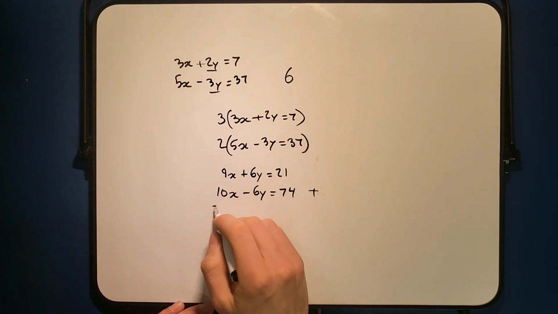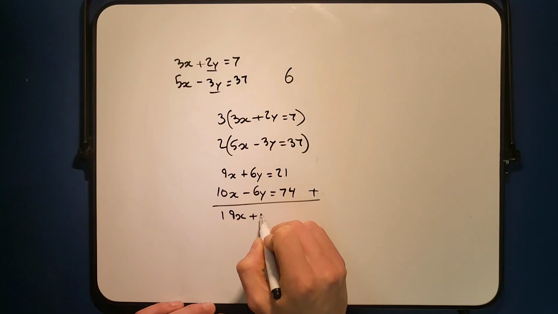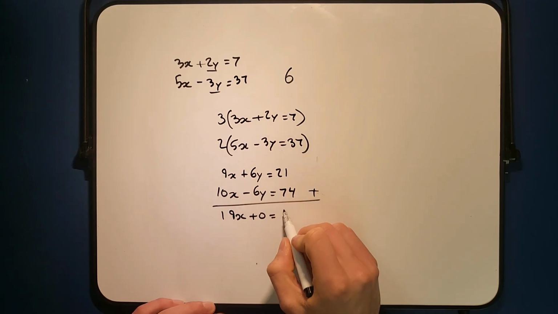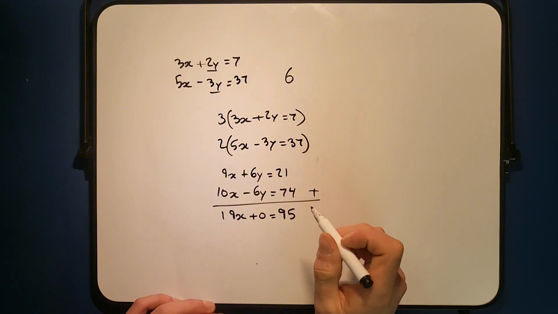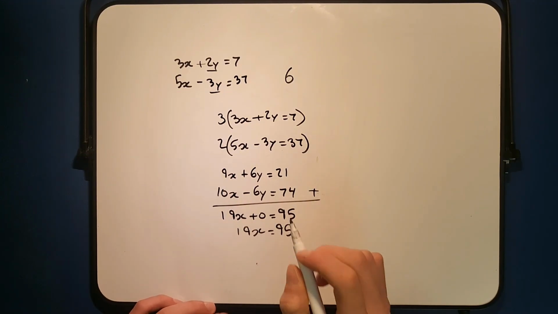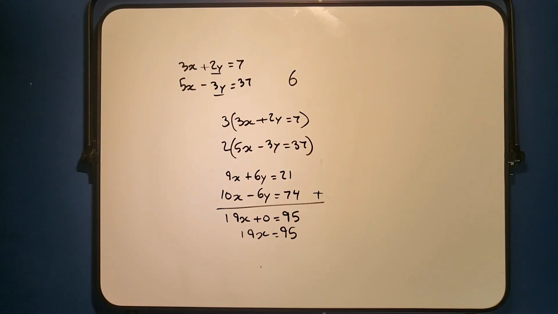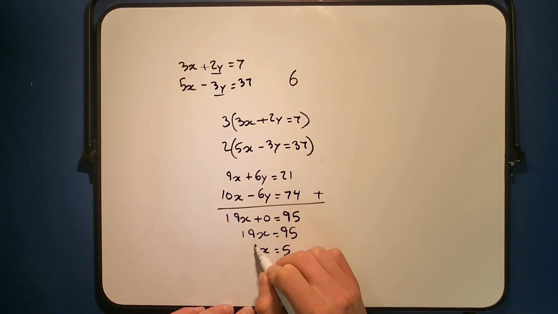So let's do that. That will give us 19x plus 0 is equal to 95. Okay, now we have our simple equation here. And 95 divided by 19 is 5.